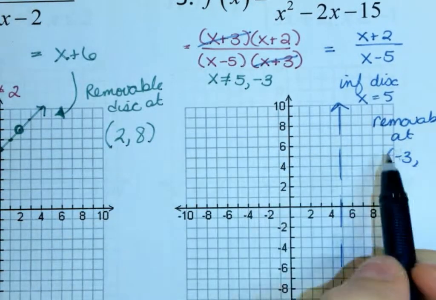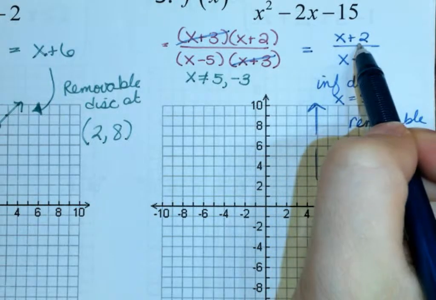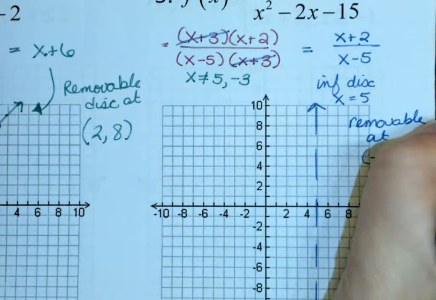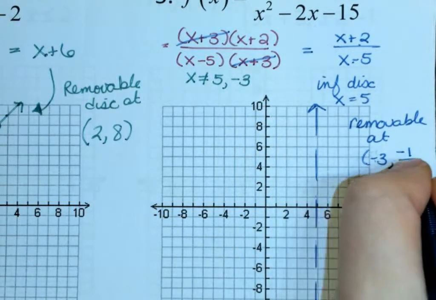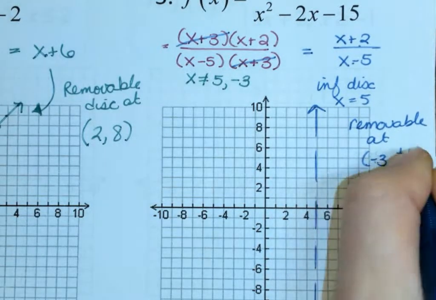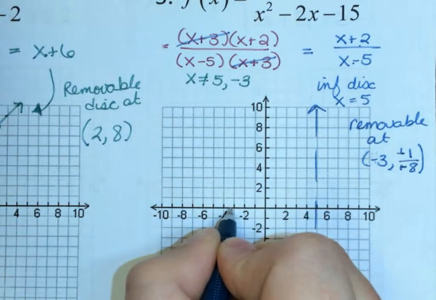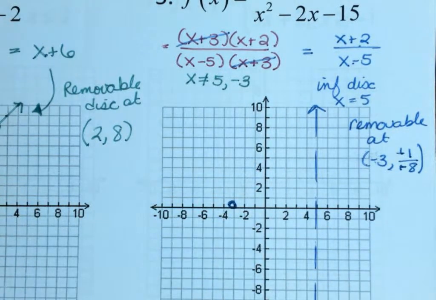And to figure out what y would be, I would take that negative 3 and plug it in. What is negative 3 plus 1? Negative 1. Negative 3 minus 5? Negative 8. So at negative 3, positive 1/8, I'm going to have a hole.